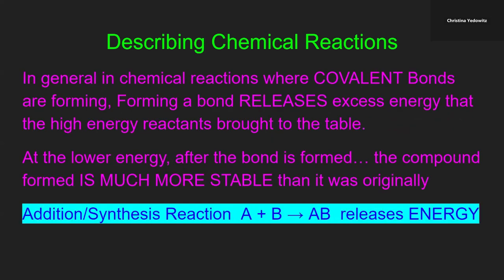Now, looking at this middle part of this slide at the lower energy, right? Some very reactive elements are much happier when they are bonded. Often the most reactive elements will form the most stable compounds. Now, not every single one of those reactions will actually give off energy, though. We're talking mostly about the covalent ones.